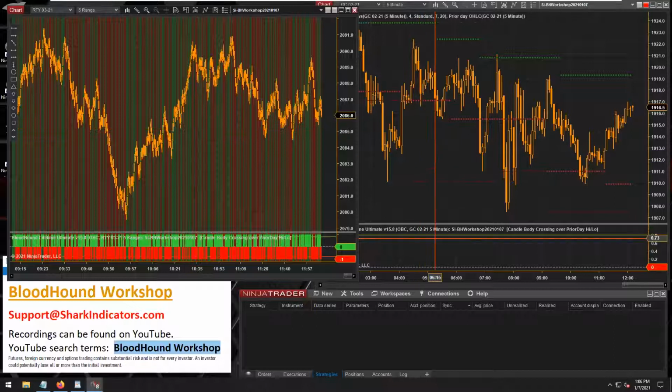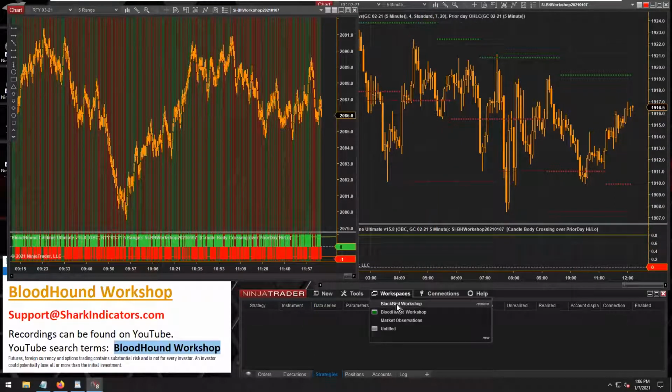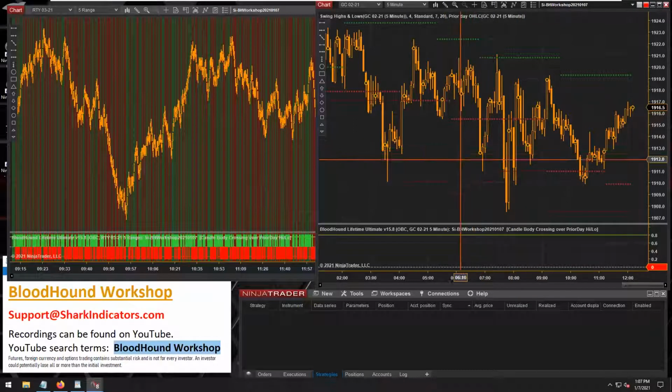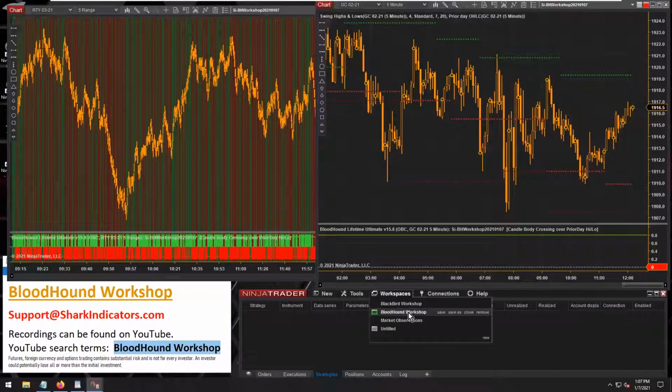right? Now, if I shut down this workspace like it is, right? I saved the changes I just made over here on the chart to the right. Those were saved to the file. So if I close my workspace and reopen it, of course, both BloodHounds are going to be starting up for the very first time again, and they're both going to read the file off the hard drive and load that version, right?